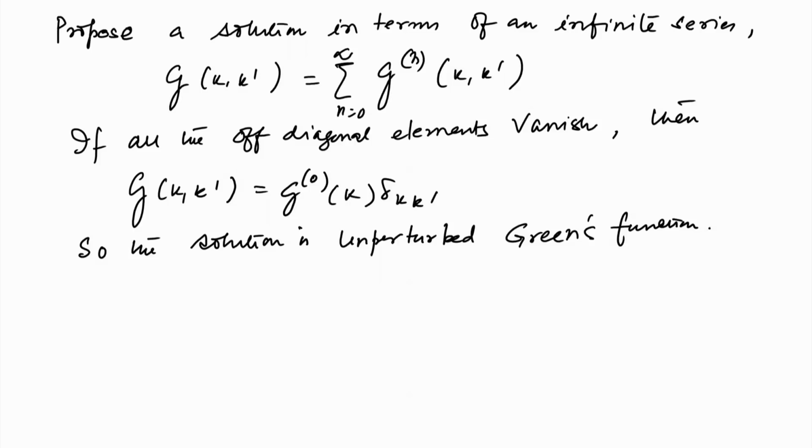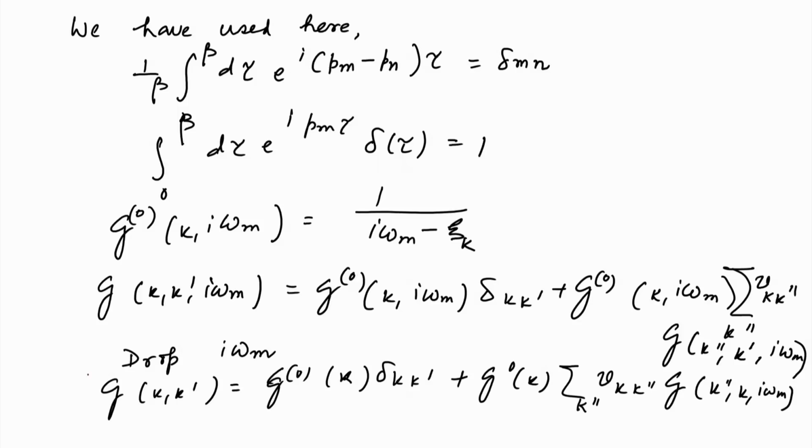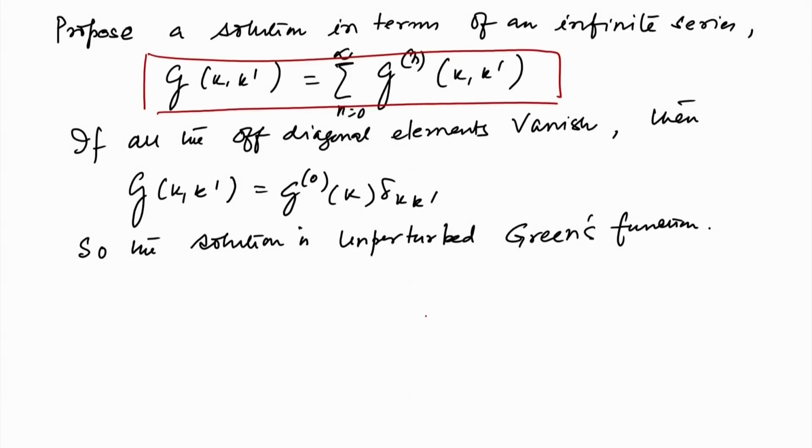So, now if we insert this solution that we have written here into the equation that is here, then we can iterate the solution and take out the 0th order, because we have already written the 0th order.